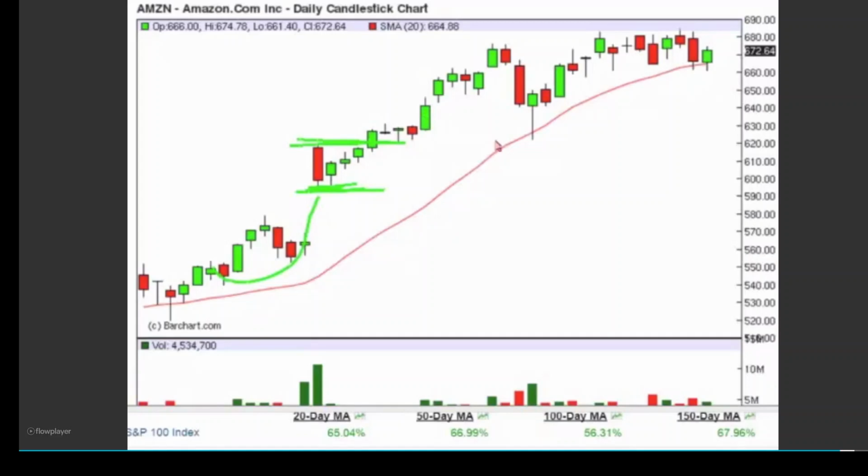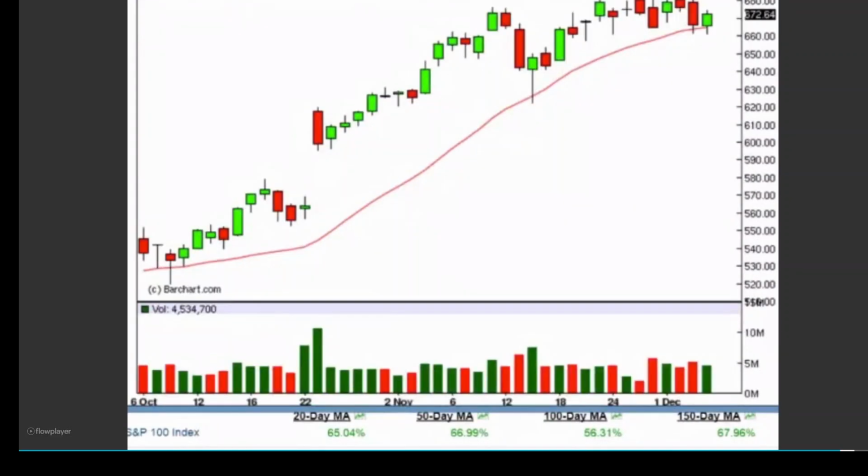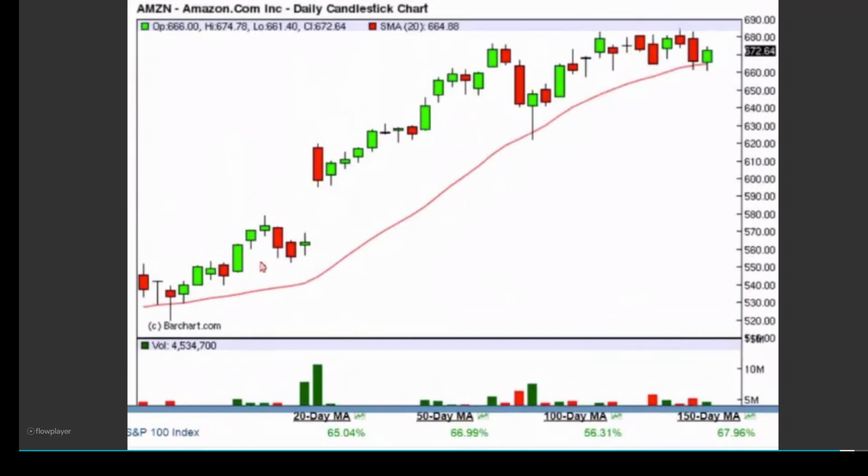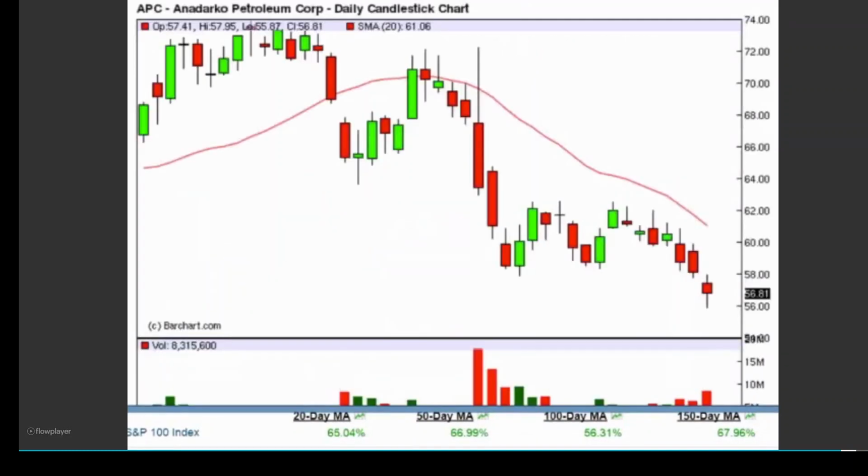And the 20 is not relevant anymore. So now I'm going to move to an 8 period trailing stop. And maybe that 8 is there. But anyway, this is all trade management.